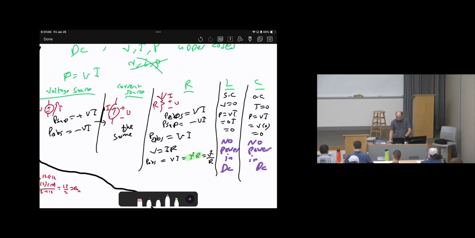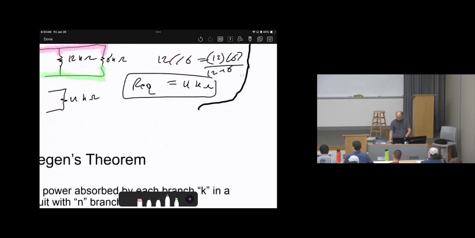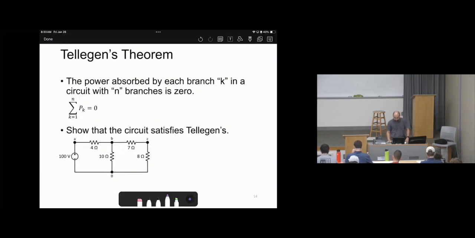Now, let's focus, since we're still talking about the power, on a theorem called Tellegen's theorem. Tellegen's theorem says that the sum of the absorbed power by each branch, or by all of the elements in this circuit, must be 0. The sum of the power absorbed must be 0.